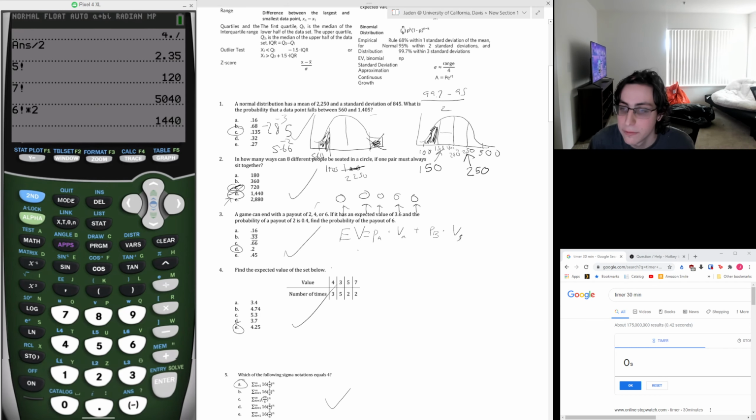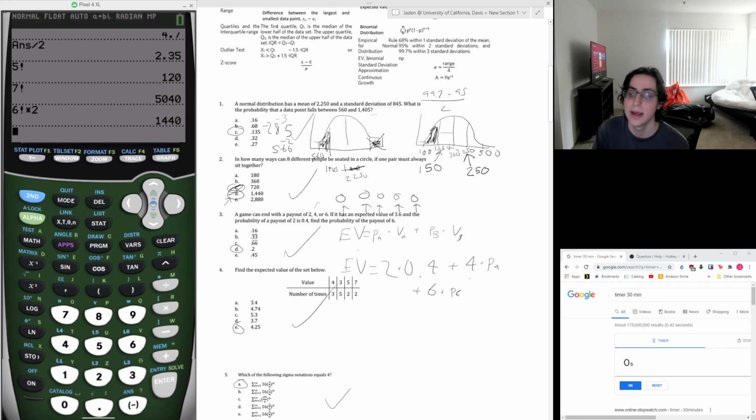So, we have a game that can end with a payout of 2, 4, or 6. It has an expected value of 3.6, and the probability of a payout of 2 is 0.4. Find the probability of a payout of 6. So the expected value is, let's say, 2, starting with the payout of 2, times its probability 0.4, plus 4 times, for now we'll leave this as probability of 4, plus 6 times the probability of 6.